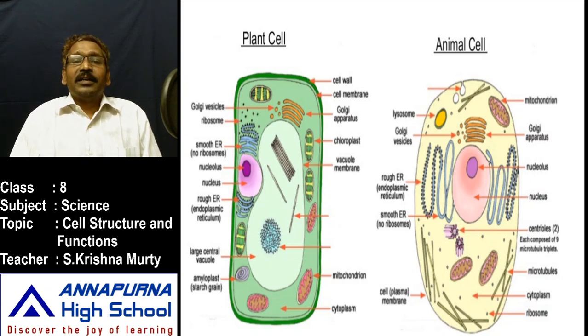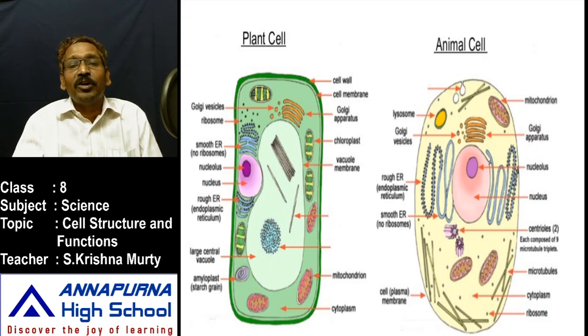Okay, let us discuss the nucleolus. To identify its parts we have to observe under the electron microscope. We can observe the stained body of the nucleus with a light microscope, but the internal parts of the nucleus we have to observe under the electron microscope.